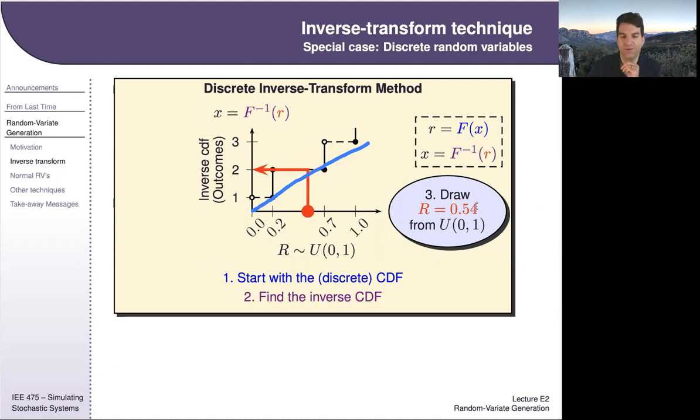I drew a 0.54, and I can see that my CDF is 0.2 at one outcome and 0.7 at another outcome. So I am going to choose the lower of those two outcomes. Graphically, you just go up to the dashed line that's between them, and then you kick it over just like I would in the continuous case.